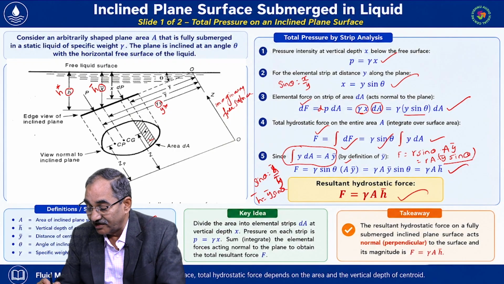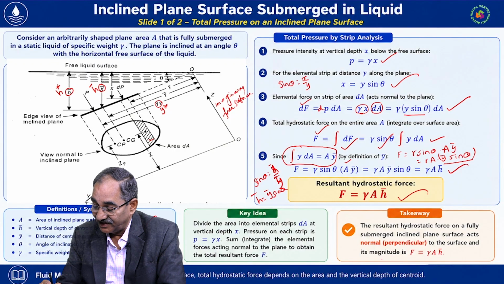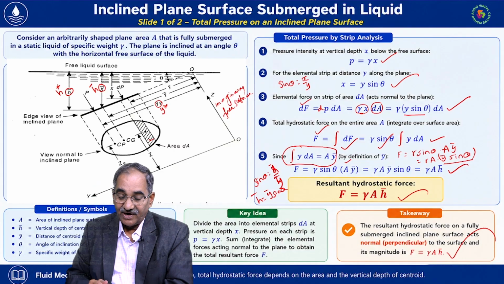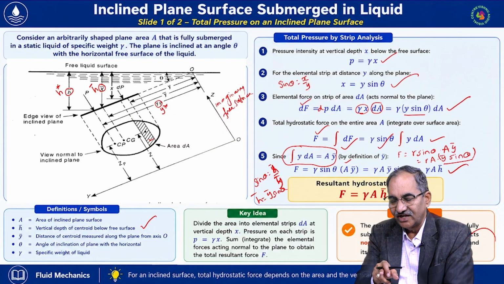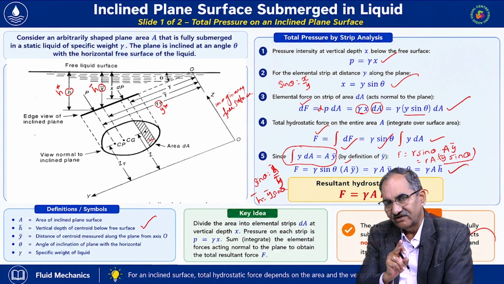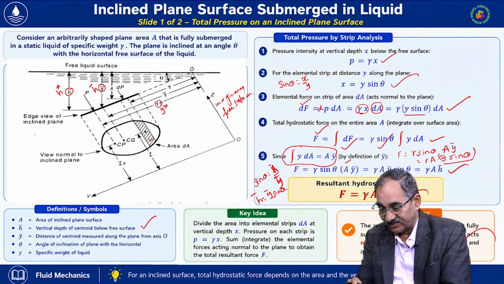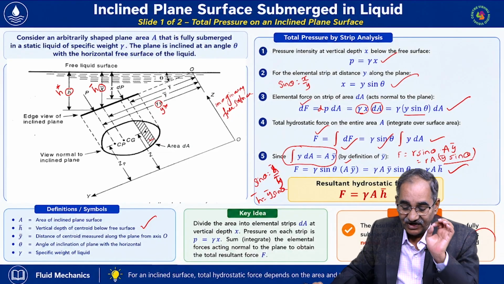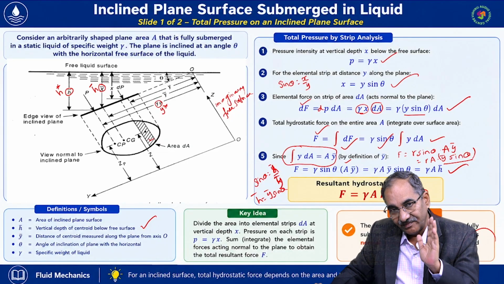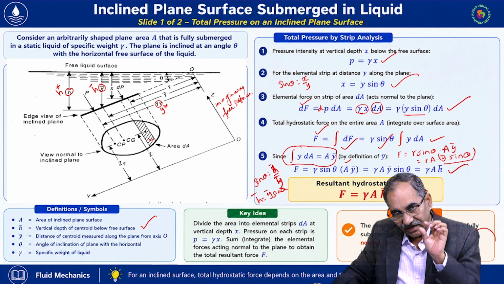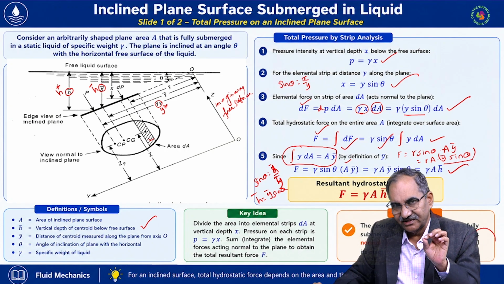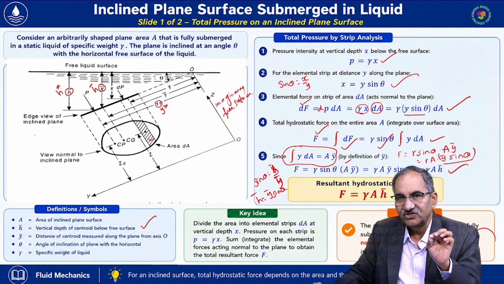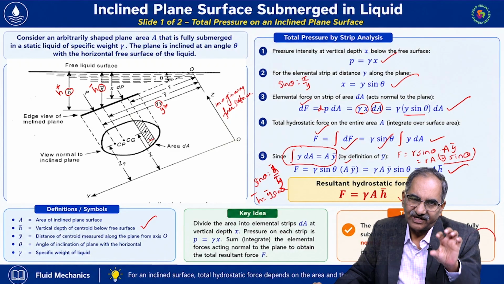The resultant force on a fully submerged inclined plane surface acts normal, perpendicular to the surface, and its magnitude is gamma A h bar. This is the first part, because any derivation consists of two parts: one is the hydrostatic force, the second one is the center of pressure. What we have done is divide the area into elemental strips of area dA, and on this dA we found the pressure P equal to gamma into x, the vertical distance.